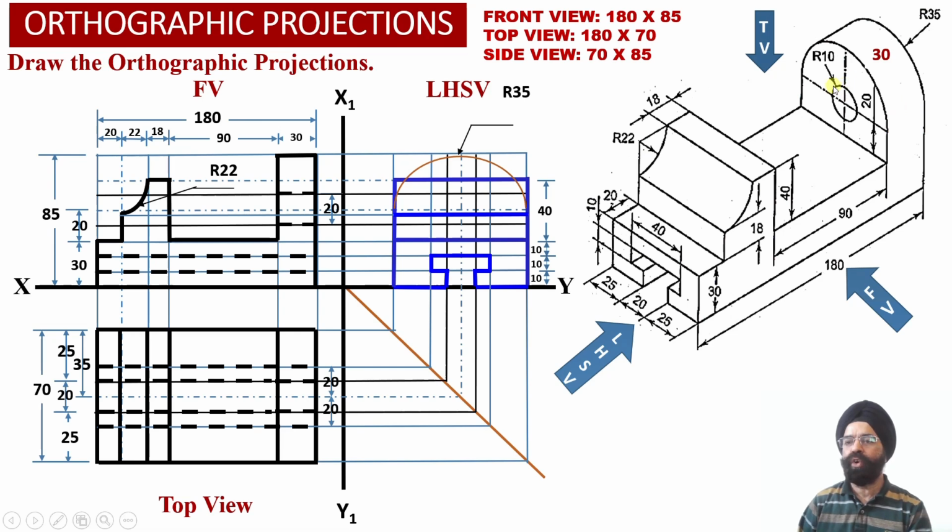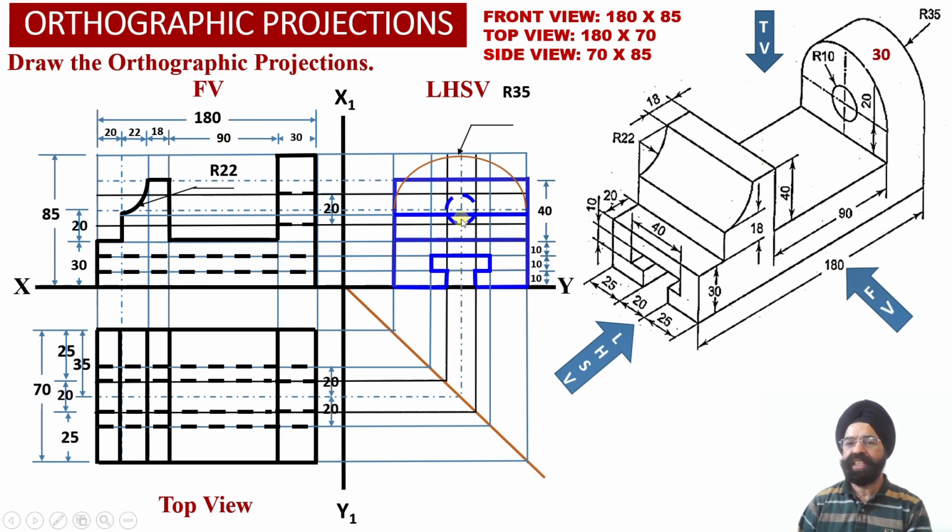So the circular hole will also not be visible from the left hand side orientation. So we can check through this center point, we can draw a circular projection into the left hand side view projections in such a way that this circular hole will be appearing as a dotted line or the hidden line projections into the left hand side view projections over here.